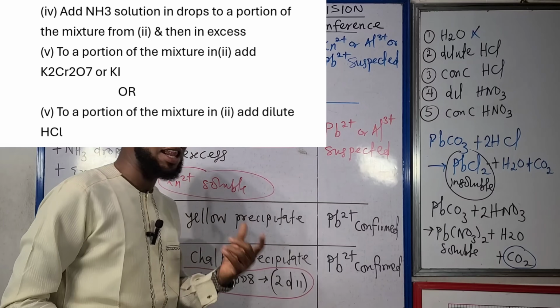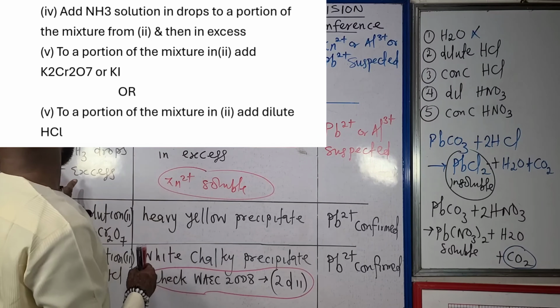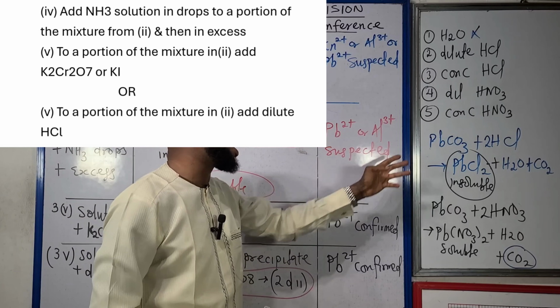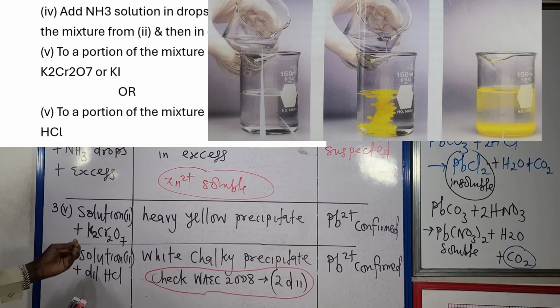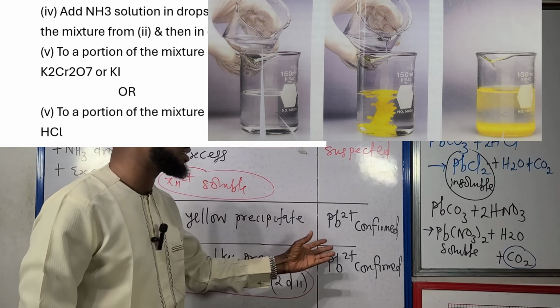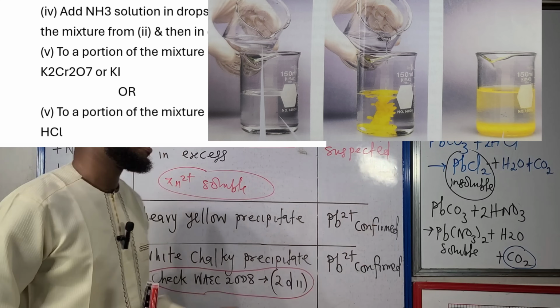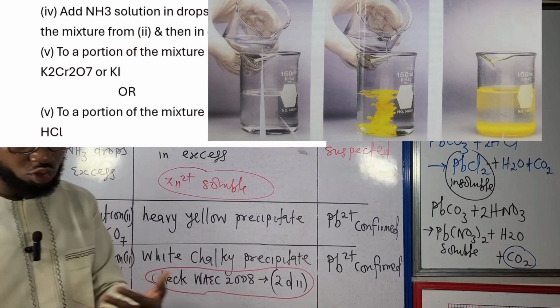Just like we said in the last lecture video, since ammonia cannot separate between lead and aluminum, when we use K2Cr2O7 or potassium iodide, a heavy yellow precipitate confirms lead 2 ion.